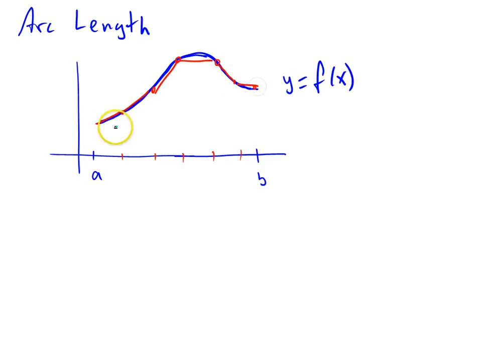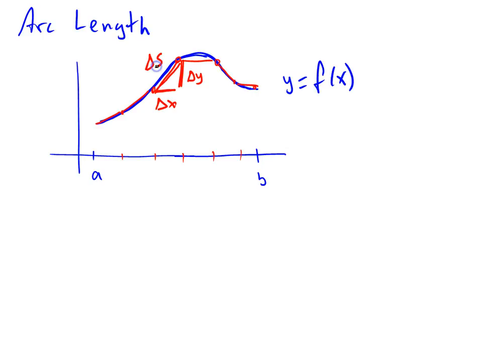And sometimes the straight lines are going to be very close to the curve, and sometimes, depending on how much the curve is curving, the straight line may not be very close at all. But I can do lengths of straight lines because I've got the Pythagorean theorem here. For instance, if I know that this length here is some change in x, and that this height here is some change in y, then I'm going to use s for arc length.